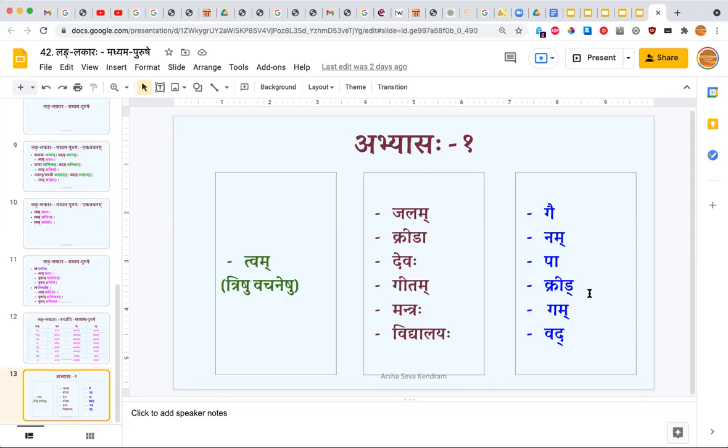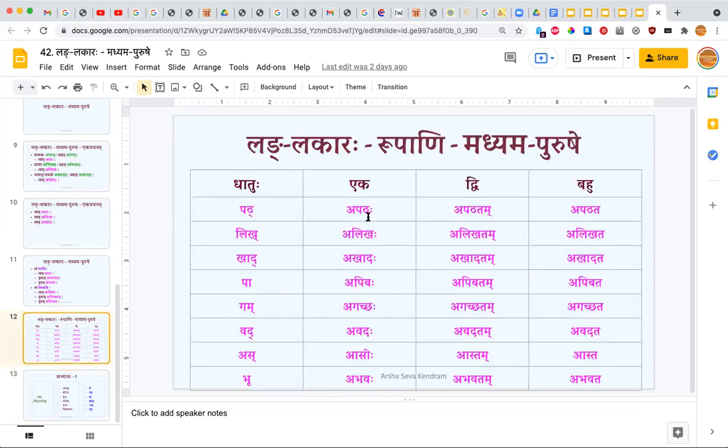Tvam akridaha. Kridati, there is no a, that is Lat Lakara. Apathaha, apathatam, apathata, akridaha, akridatam, akridata.